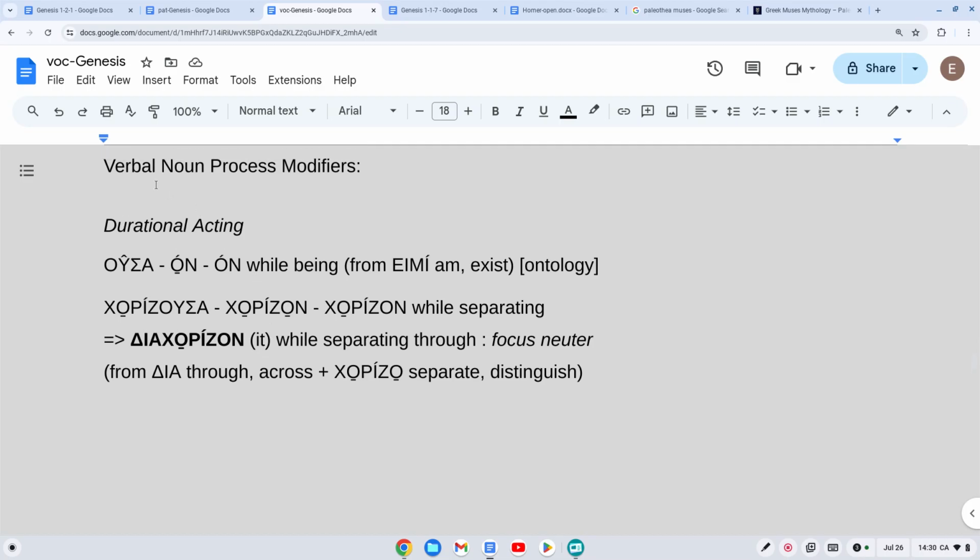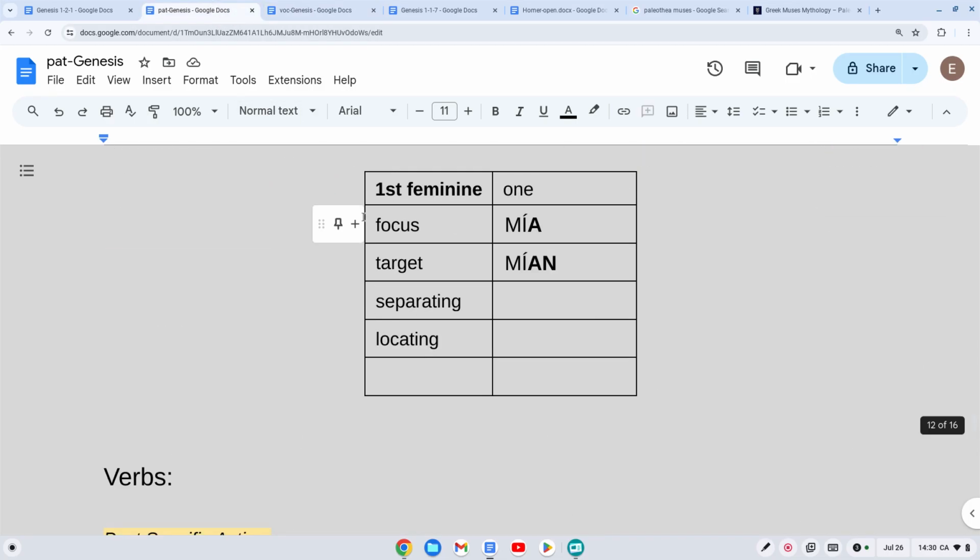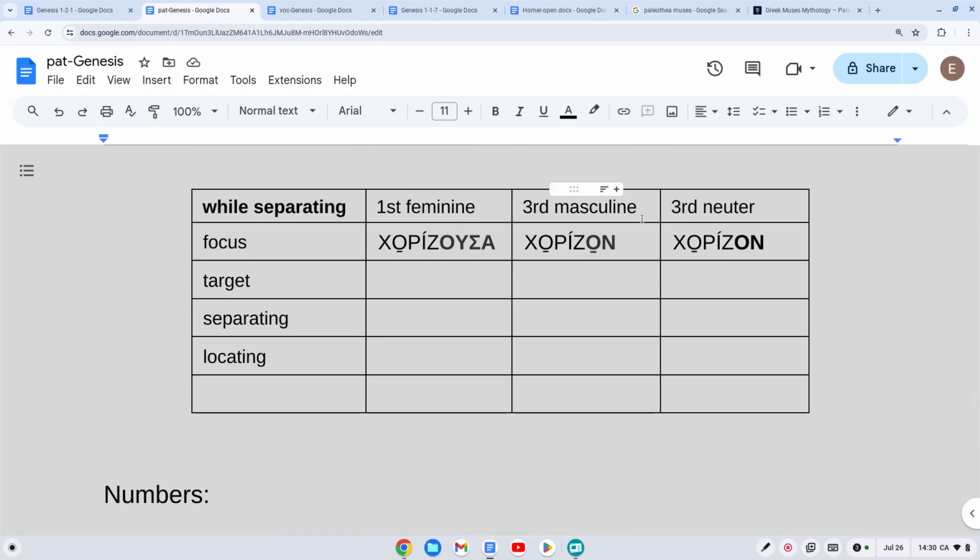And it's a verbal noun process modifier. So it comes from a verb, korizo, meaning to separate or distinguish, but it's translated as follows: while separating through. And it's focus neuter. So let's put it in its place. And there it is. I've already put it there, actually.